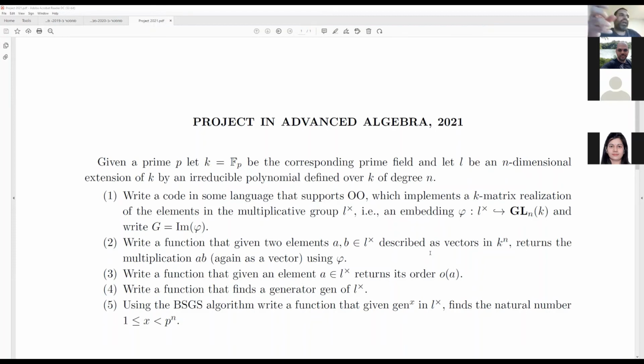In the program, you go to the suitable matrix and do all the operations of the group in terms of the matrices in this subgroup.